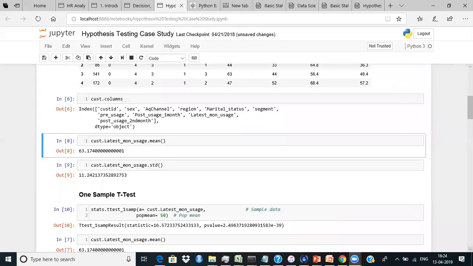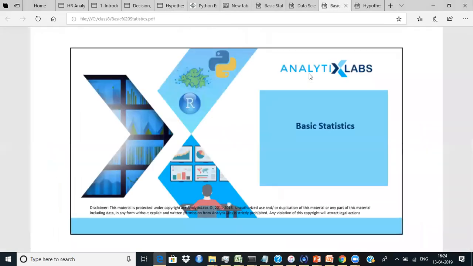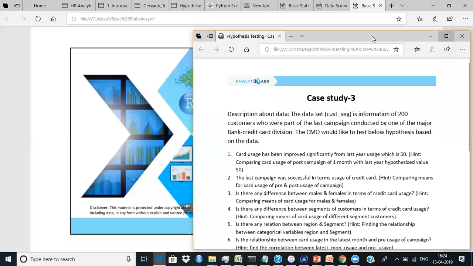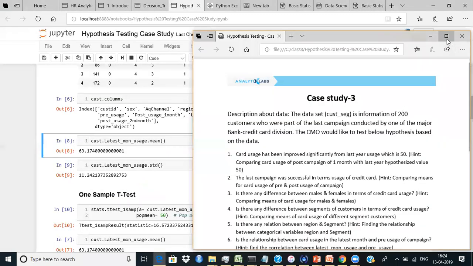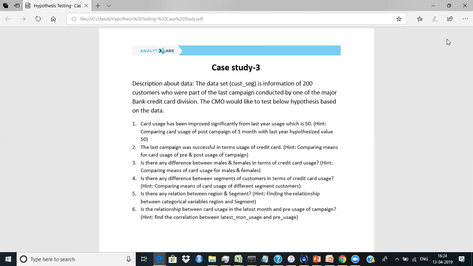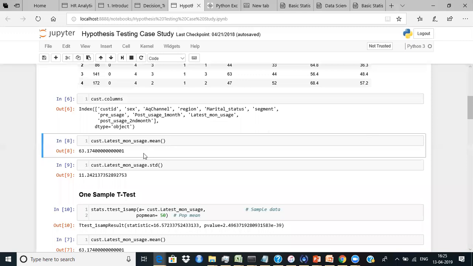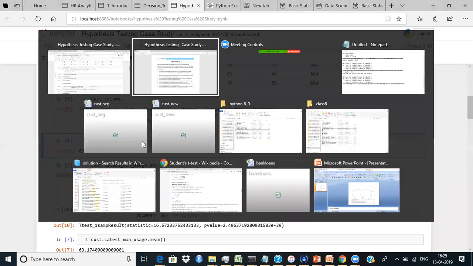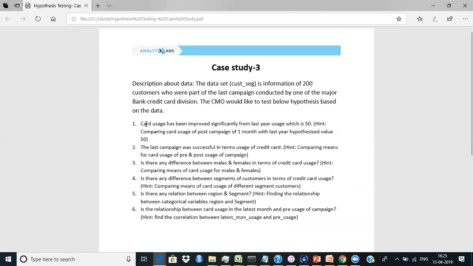Now let's look at what was the hypothesis. The first hypothesis that we had was credit card usage has improved significantly from last year, which was 50.